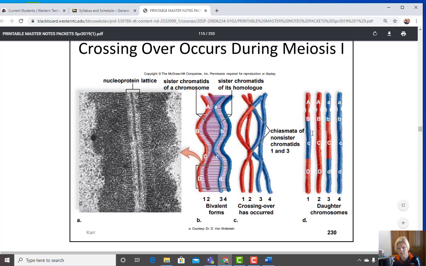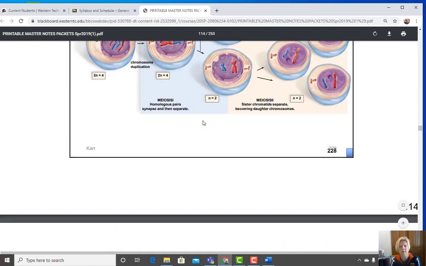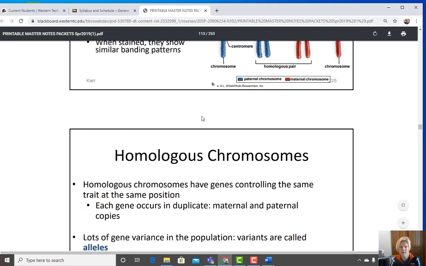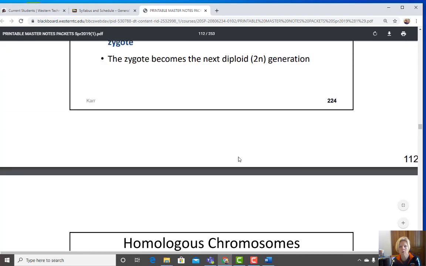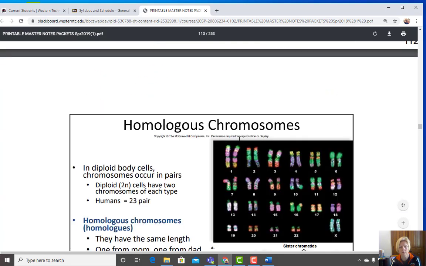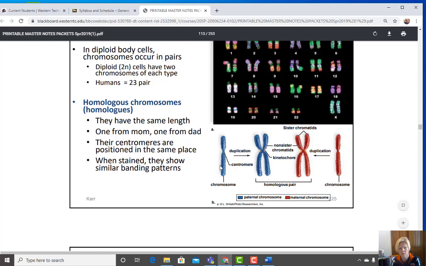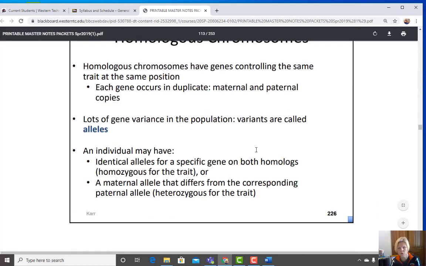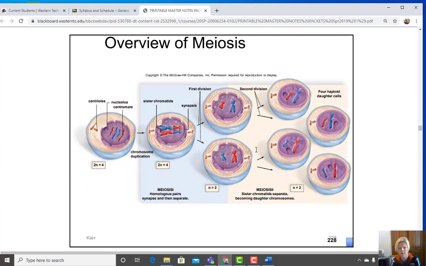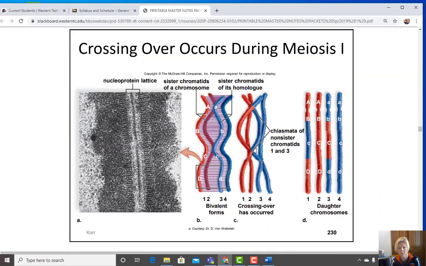Let's go back even further. We talked about homologous chromosomes here. When they replicate with DNA replication, we end up with two. And we inherit one from mom, one from dad. When we look at these sister chromatids, let's say the red represents the chromosomes from mom, and the other is the chromosomes from dad.